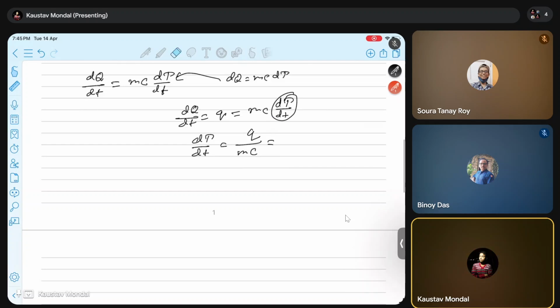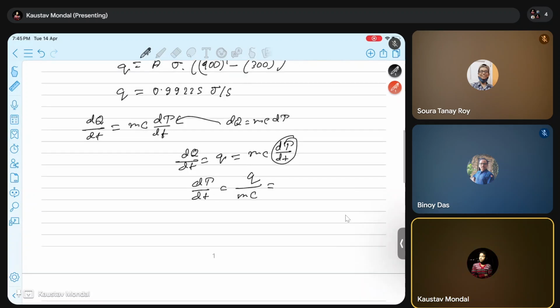So this would be 0.999925 by m. Mass is 10 grams, so 10 into 10 to the power minus 3, because we have to convert it into kg.